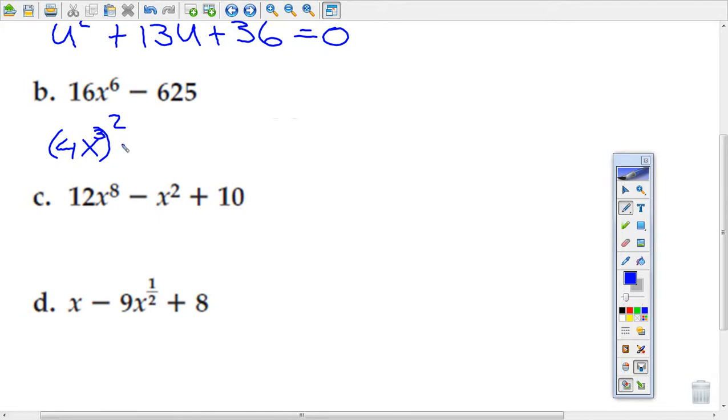And then this minus 625 can just remain as such if you want. Or you can actually take the 625 and take the square root of it also. What would that be? 25? Yeah, you can make it u or x.